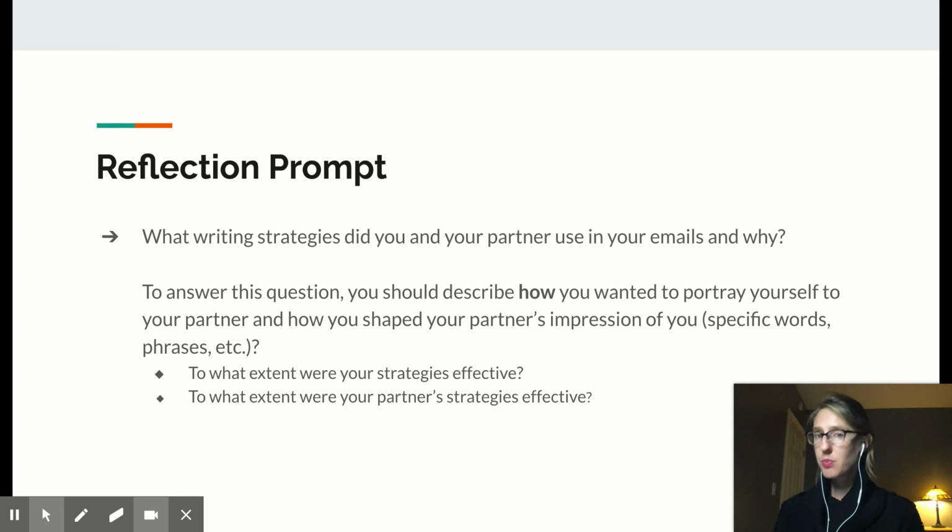But this reflection prompt could really be tweaked for all kinds of different students. You could focus it more on reflection oriented towards business communication or technical communication, that sort of thing. And there are additional reflection questions in the email assignment file, which I have shared.